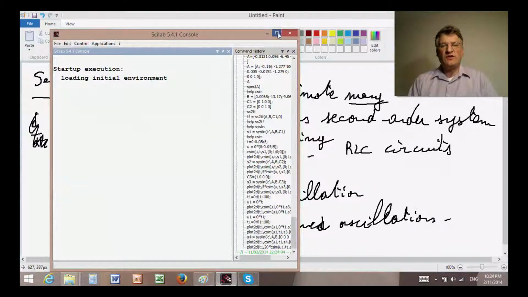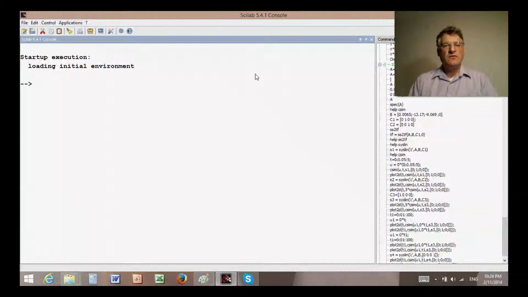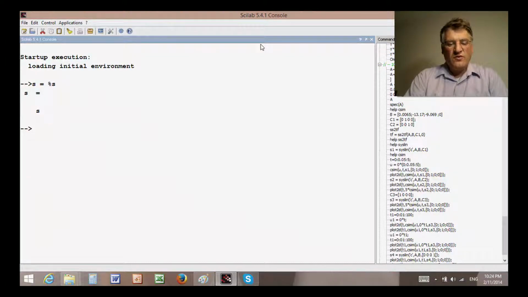We're going to talk about a few interesting experiments. The first is we're going to define a variable s like this. Then we will define our system as 1 divided by s squared.